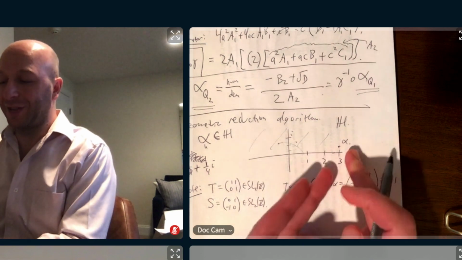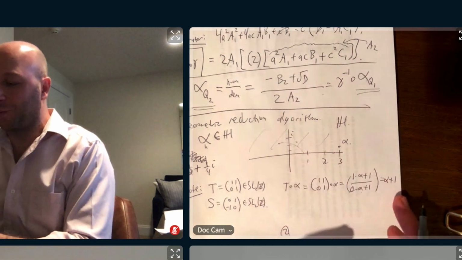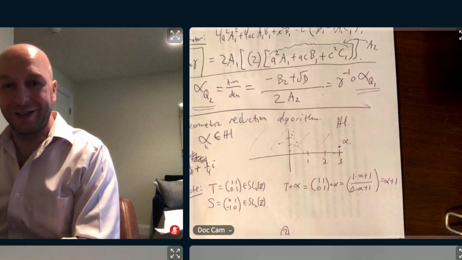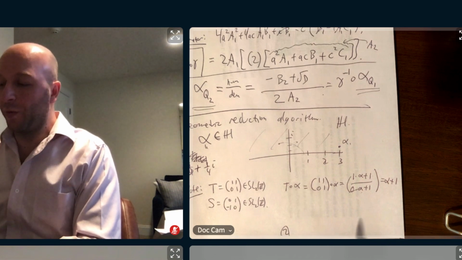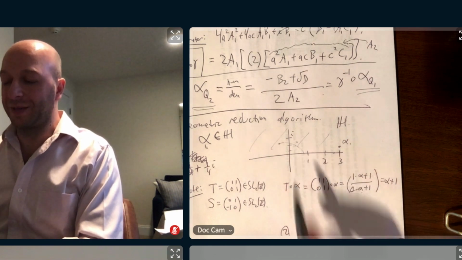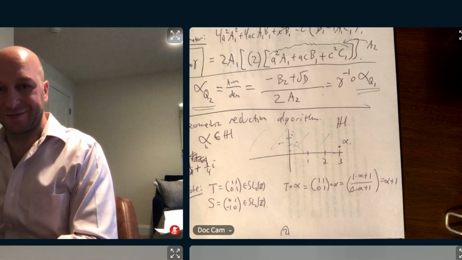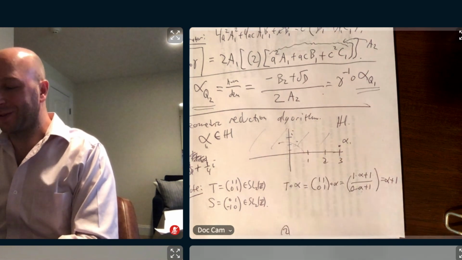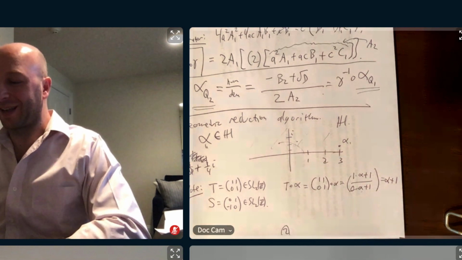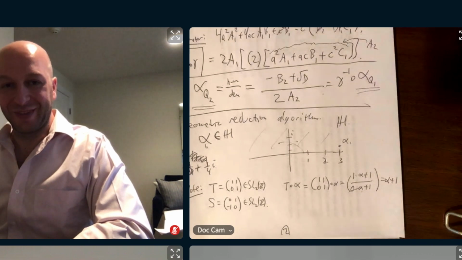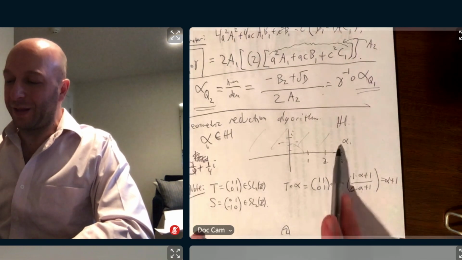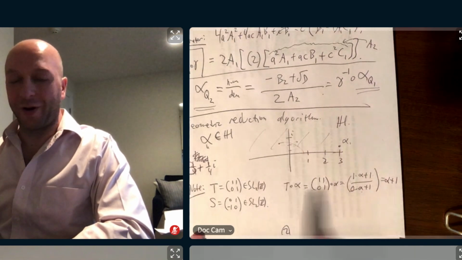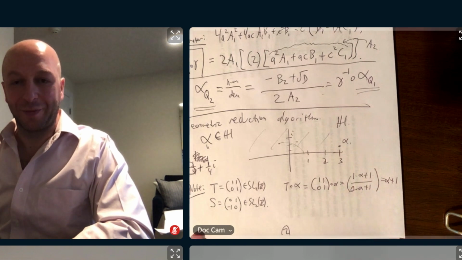It's the matrix that takes an alpha and shifts it, adds 1 to the real part, shifts it by 1. So what would I want to do to this one to make it simpler? Well, to make things simpler, we could reduce the real part down as low as possible.